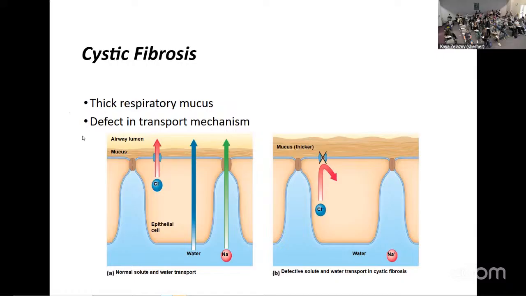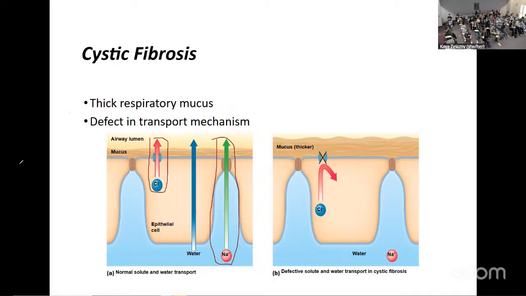We typically see sodium, an ion, movement into our airway lumen, into the lungs here. And we also have chloride movement following that sodium into the airway lumen of the lungs.